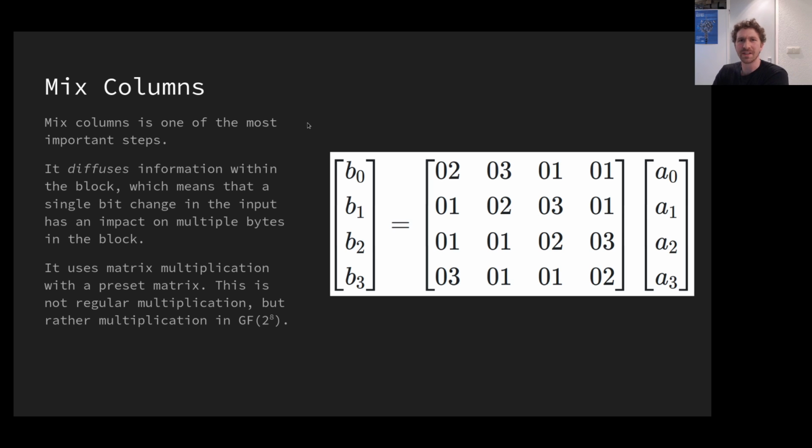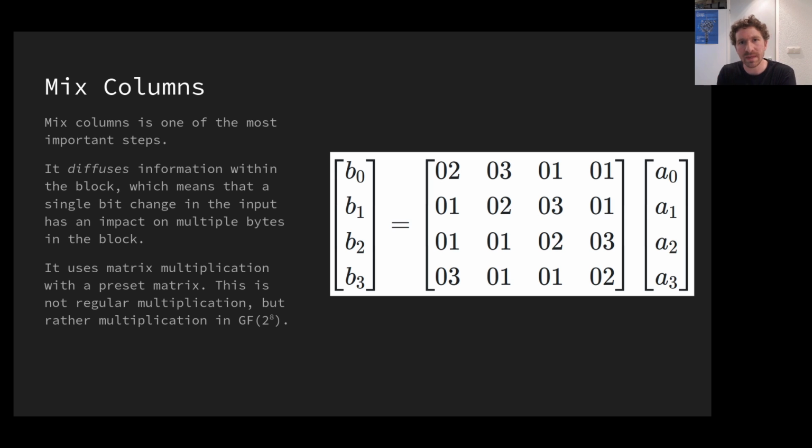Okay, and then we get to the mix columns. And mix columns is probably the most important step. I mean, they're all important steps. This is a teamwork operation, so to speak. But mix columns is doing something really important, which is diffusing information within the block.